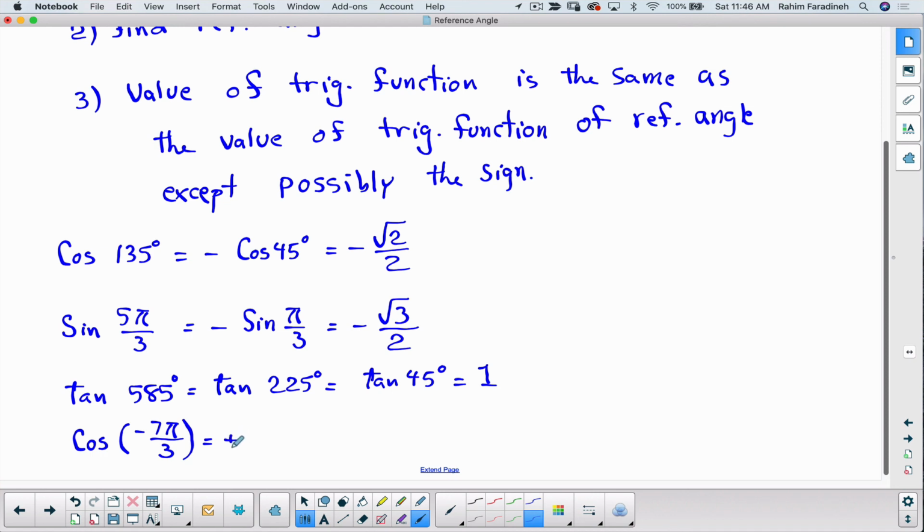Cosine is positive in the fourth quadrant, and our reference angle is pi over 3. And cosine of pi over 3 is 1/2. I hope this lecture helped you understand reference angles and how to use them in order to evaluate trig functions.